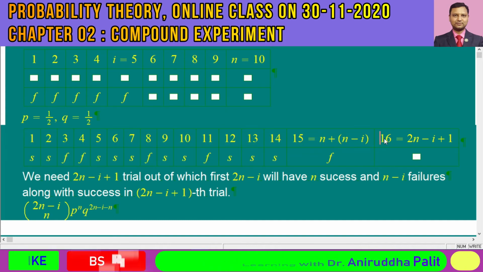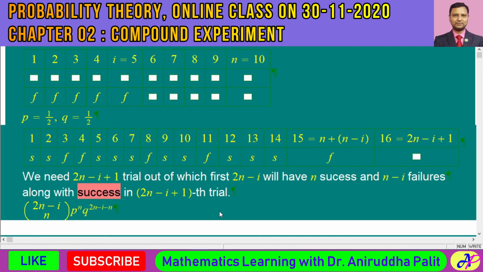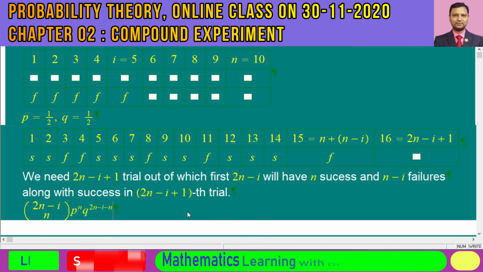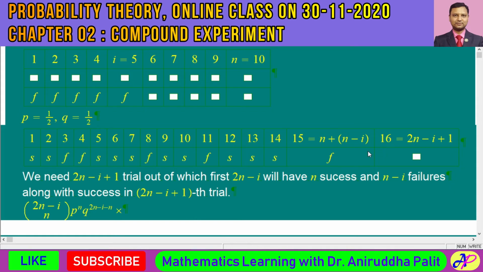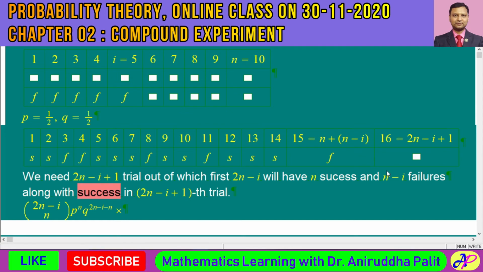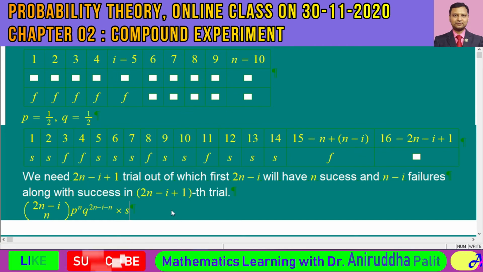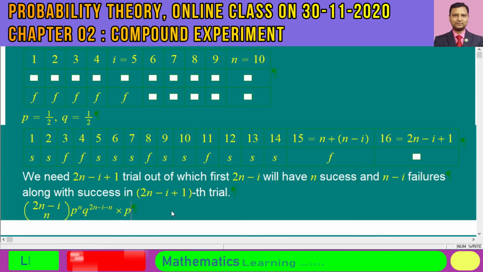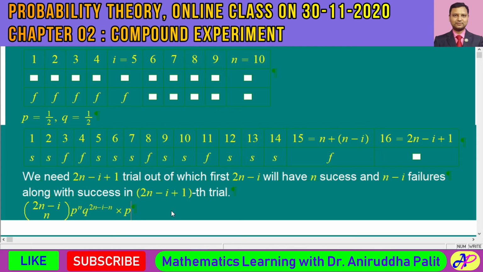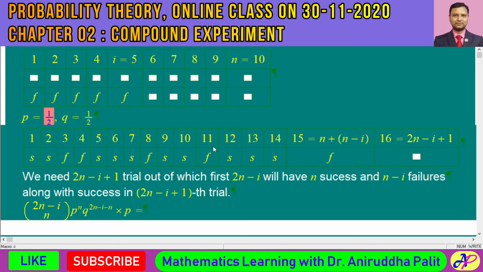Along with that, in the last trial we are confirmed about the success, and therefore by the definition of compound experiment, this probability has to be multiplied by the probability of success, which is equal to p. The probability of success is p, and as per our construction this p is equal to half.